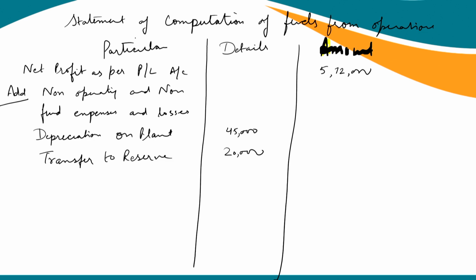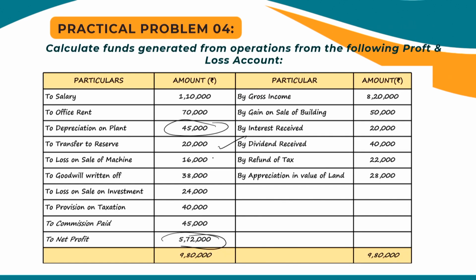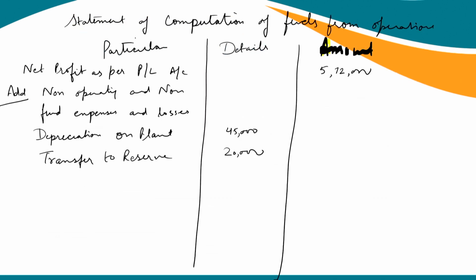Then we have loss on sale of machine, which is a non-operating expense or non-operating loss. So we will write it down, the loss on sale of machine given in the question is 16,000 rupees.